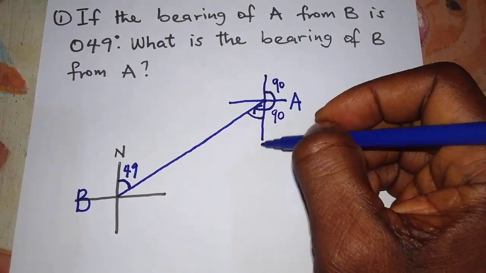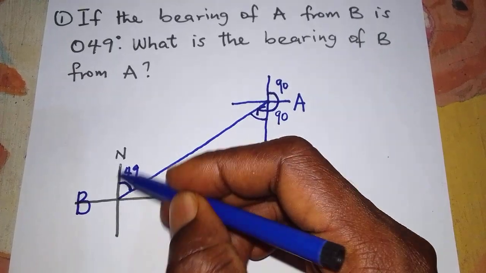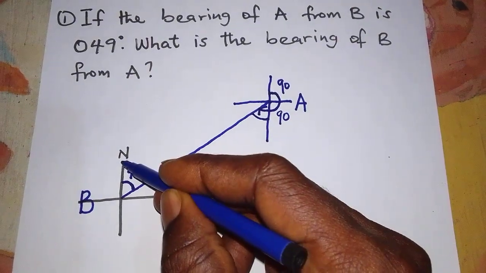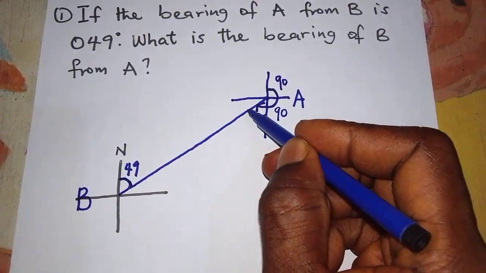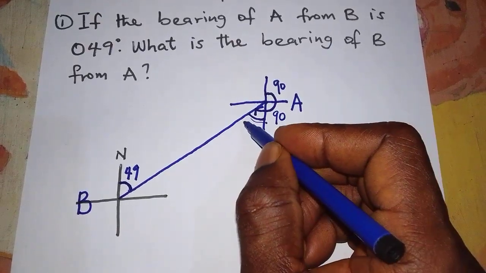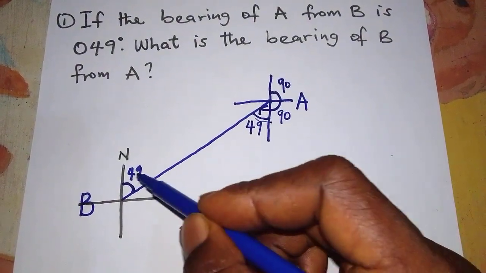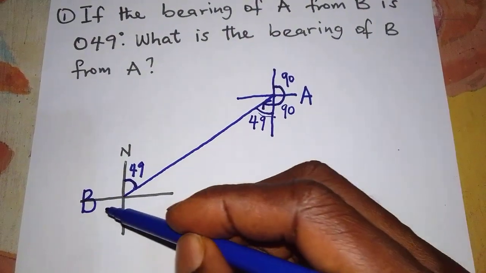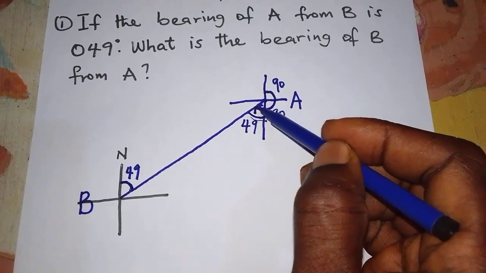Seeing that this vertical line is parallel to the line that is here, you realize that you have something like a Z here. So this angle and this angle are going to be equal because they are alternate angles. So if this is 49, this is also 49. So the bearing of B from A, you start measuring from the north up to where this line is.